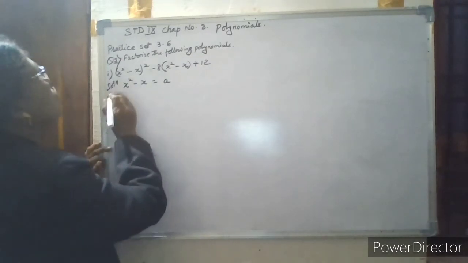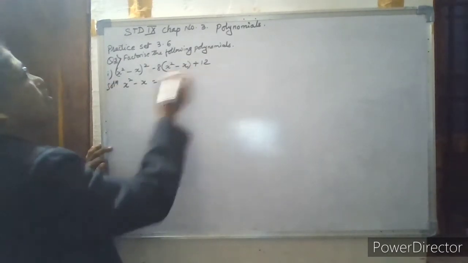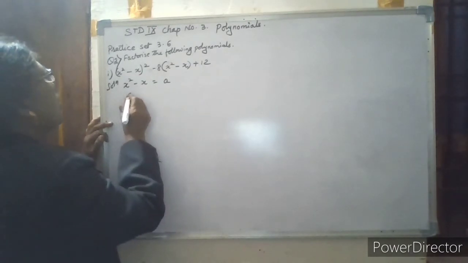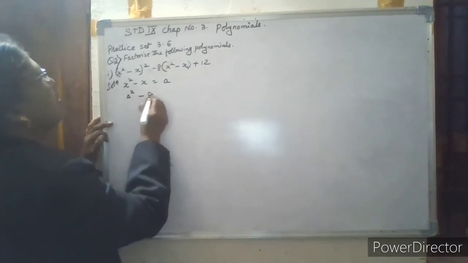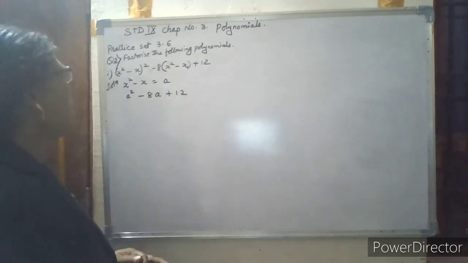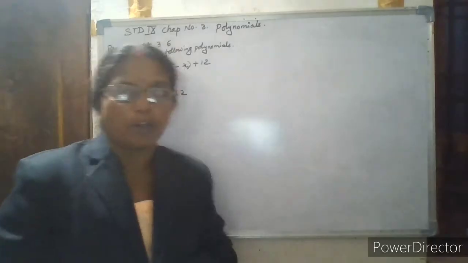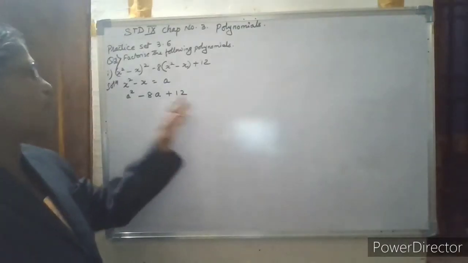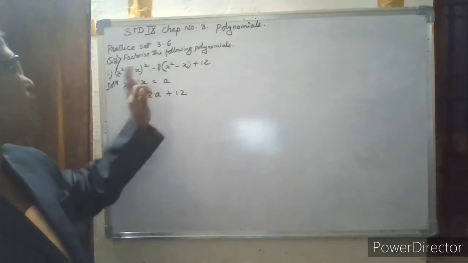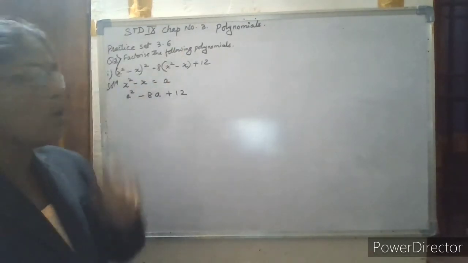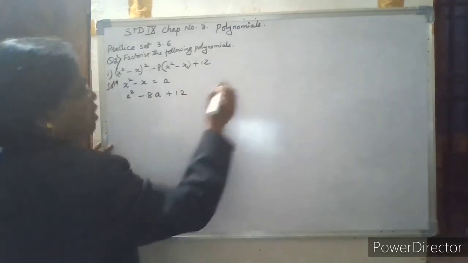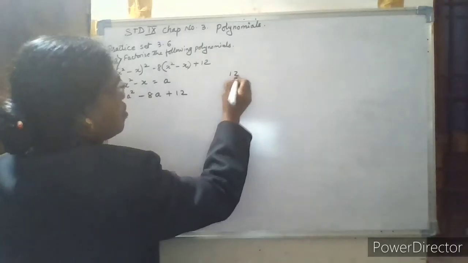When we substitute this in the polynomial, it becomes a squared minus 8a plus 12. We got a very simple quadratic polynomial. Now we will factorize it by splitting the middle term, which you have already learned in question number 1. Take the coefficient of the first term and the last term, that is 1 into 12, which is 12.